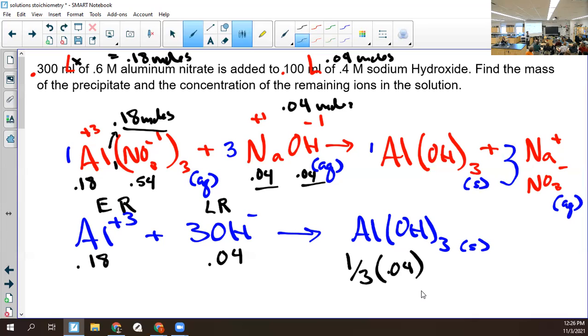Are we all right with that, sort of? So we only have 0.04 of hydroxide in the first place, right? But there's 3 that are necessary, right? Or there's 1 produced for every 3 used. Both of those are valid explanations. Okay, does anyone have 1/3 of 0.04? Is that 0.0133? Okay.